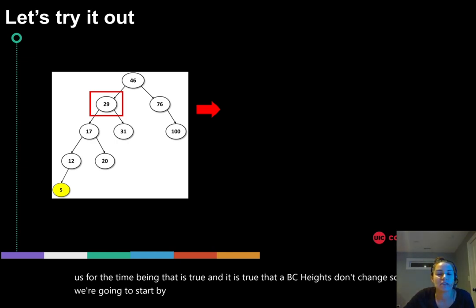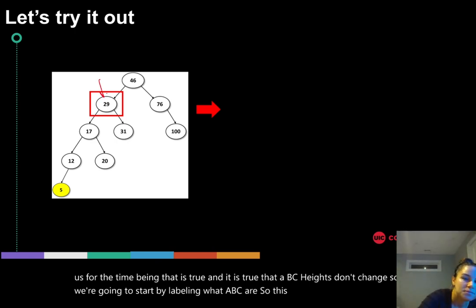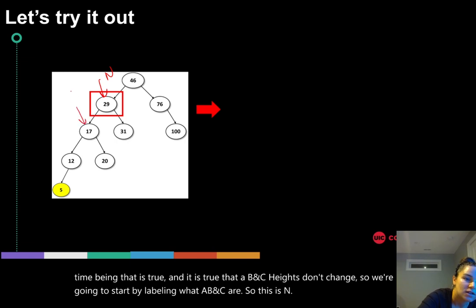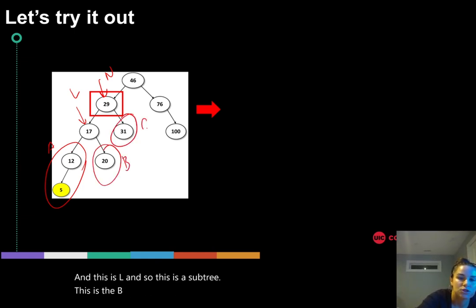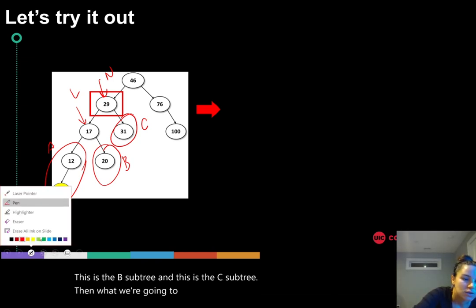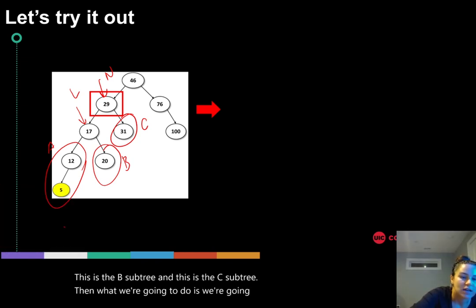So we're going to start by labeling what A, B, and C are. So this is N, and this is L. And so this is the A subtree, this is the B subtree, and this is the C subtree. Then what we're going to do is write down the heights.